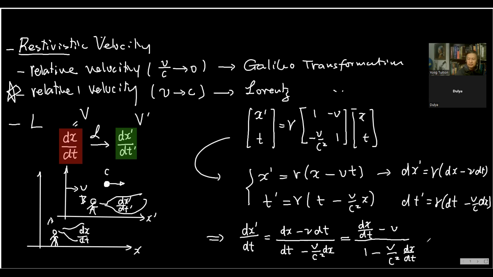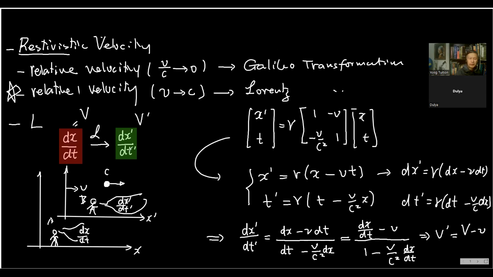So according to this formula, dx over dt prime is just v prime. Can you see? It can be written as v minus capital V. I use the capital V. Take the small v.